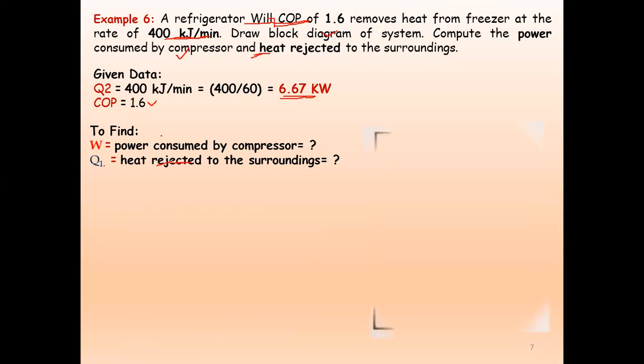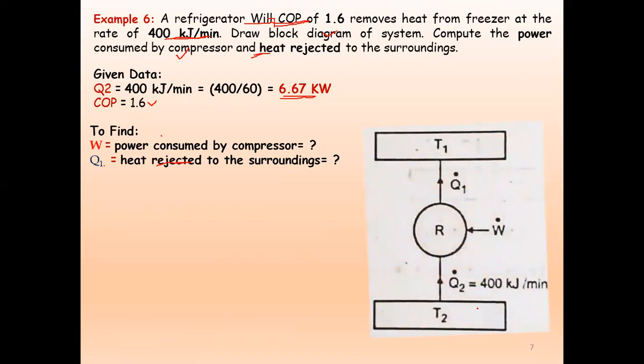Now it is a refrigerator. So the work is the input, Q1 is the amount of heat rejected to the surrounding, and Q2 is the amount of heat removed from the freezer. So first, the power consumption.